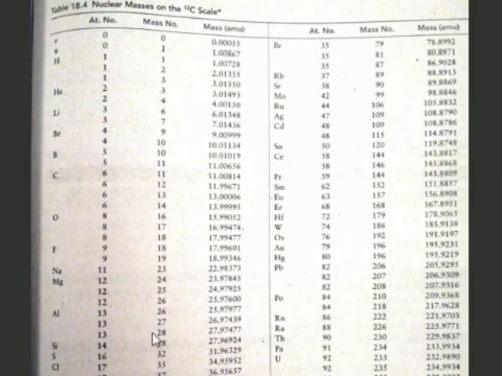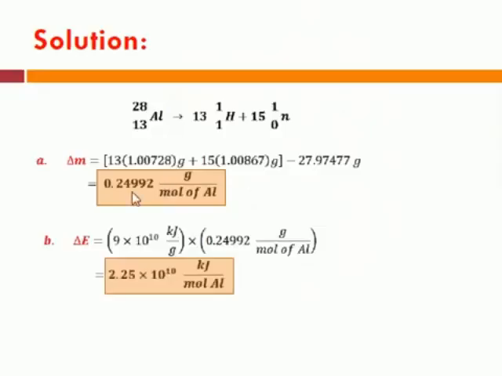This one, aluminum-28: 27.97477. So delta M, or the mass defect, is equal to 0.24992 grams per mole of aluminum.